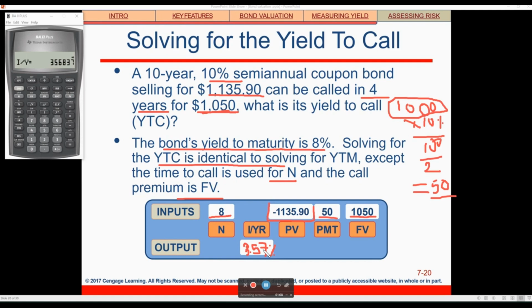The rate that you found is the interest rate for a semi-annual coupon bond, but it's not the annual rate, and your yield to call has to always be an annual rate. So you're going to use this value and multiply it by 2. If you multiply by 2, that gives you 7.14. So your yield to call would be 7.14%.